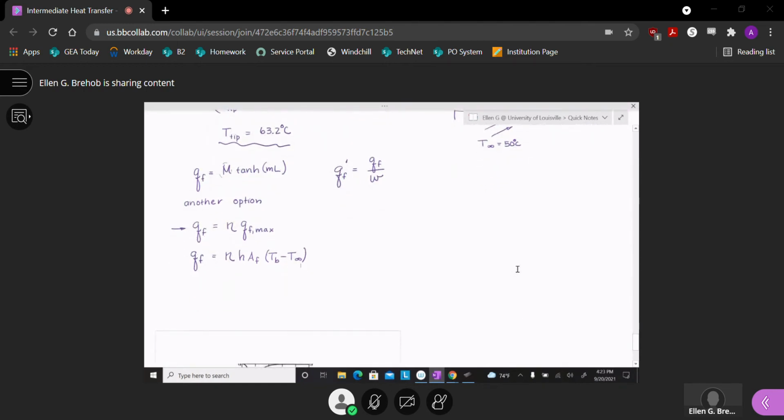Okay. And area of the fin I can replace with, I'm going to put eta in again, a heat transfer coefficient. So area of the fin, I have 2 L times W.